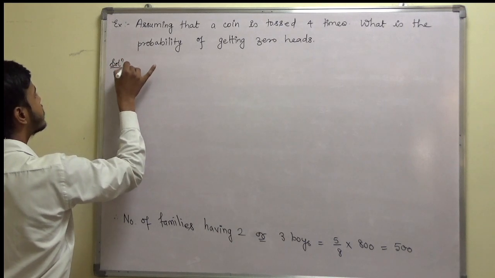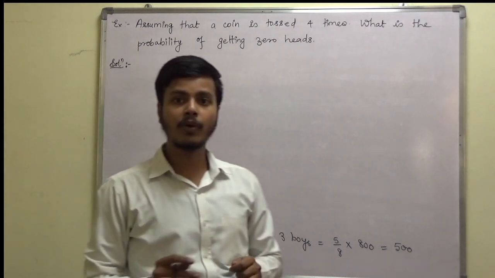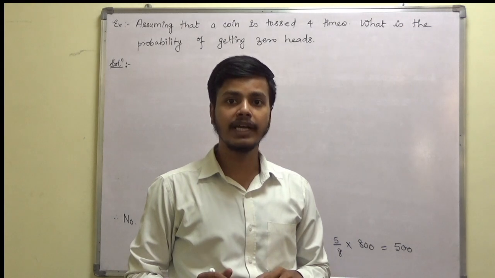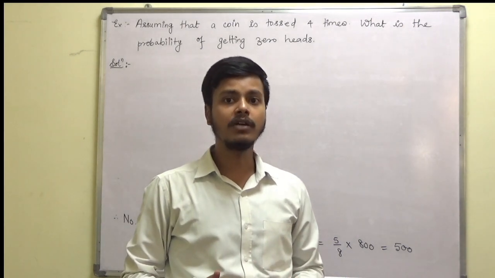And when we toss a coin, only 2 outcomes are possible. Either it would give you a head or it will give you a tail.